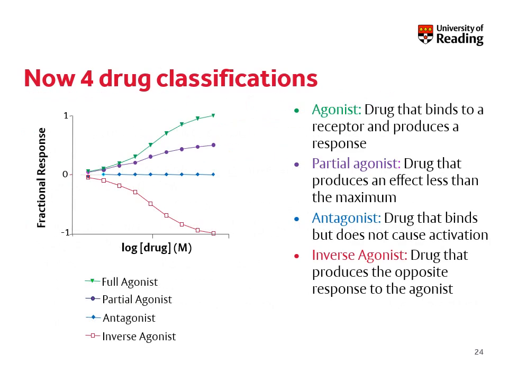So that means at the state of play now, we basically have 4 main drug classifications when we're looking at drugs based on what type of response they cause. So we're familiar with the agonist.